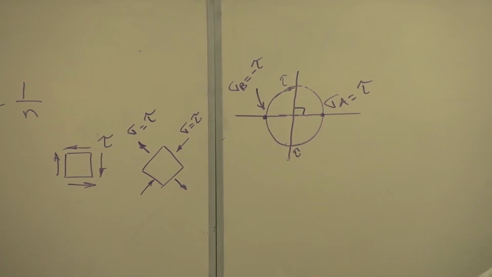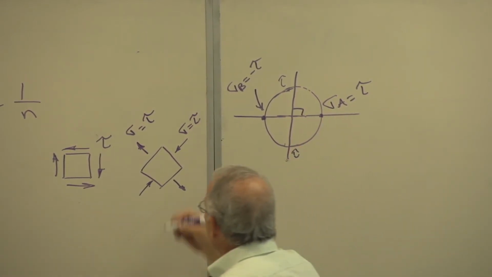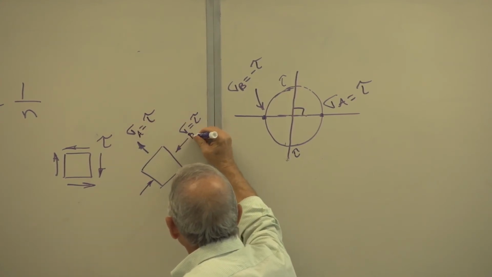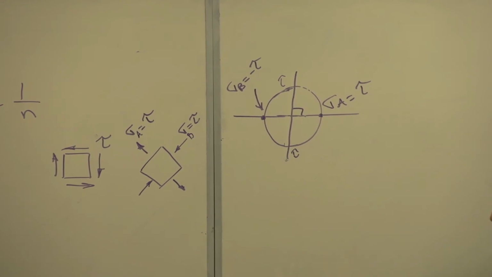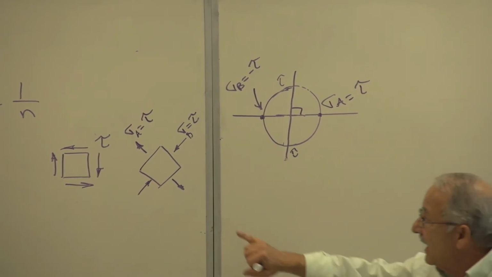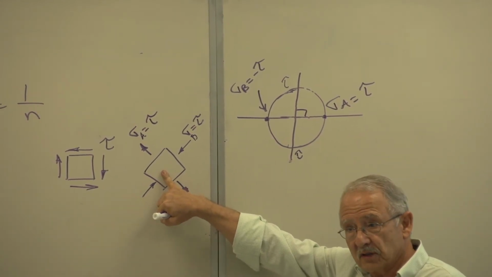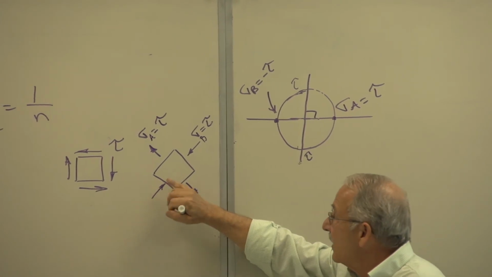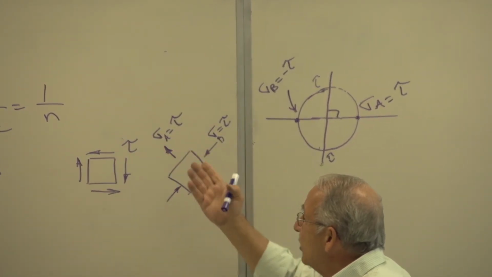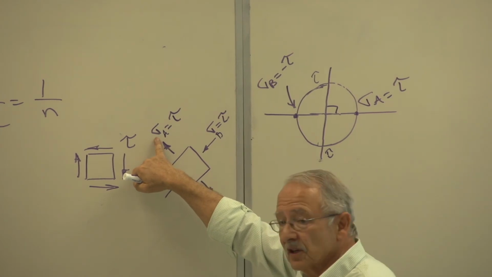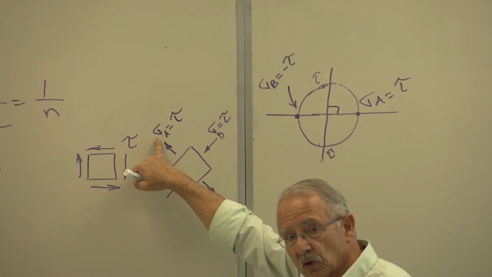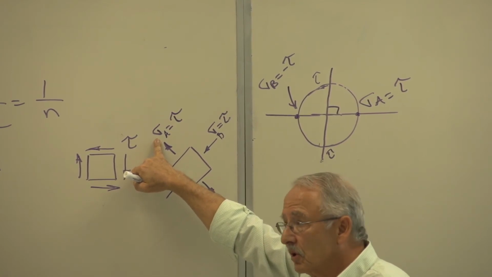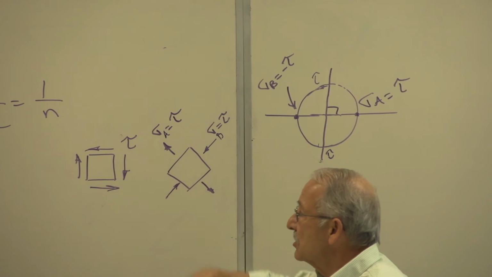Those are my principal stresses, sigma A and sigma B, that's what I've called them. Now, if this is a brittle material, and this is the state of stress, then failure should occur when this reaches the tensile strength of the material, the tension one, not the compression one. Compression material is stronger. When this reaches the tensile strength of the material.